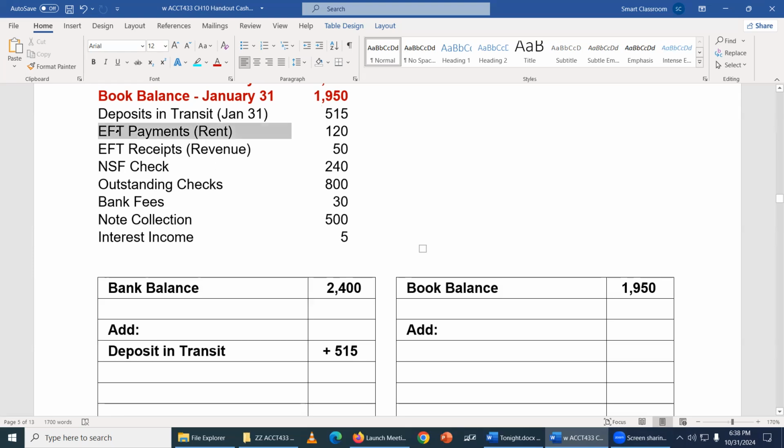Okay, EFT payments. These are electronic fund payments we talked about. Now, here's the thing. Are there going to be checks written for those? There's not going to be any checks written. They're EFT payments. And when are we going to find out about those usually?